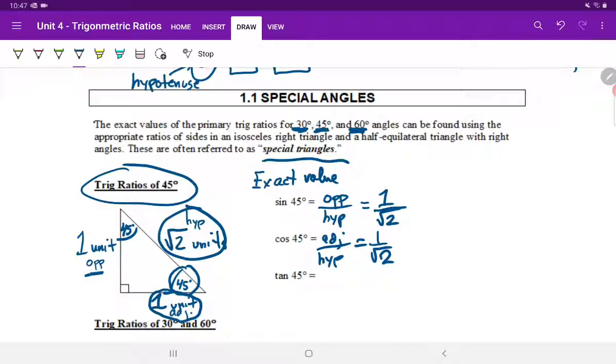Make sure your mode on your calculator is in degree. Try finding the sine of 45 degrees. Okay? You will get the exact same answer as the cosine of 45 degrees. Okay, so try that on your calculator, and what do you get?